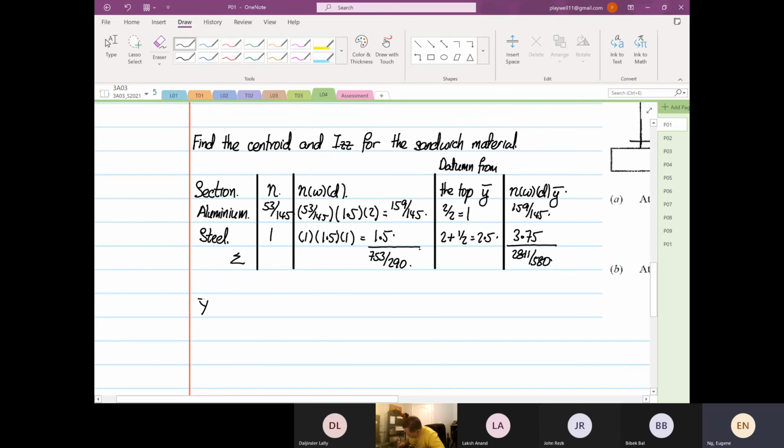So the y bar is equal to 2811 over 580 divided by 753 over 290. It is equal to 1.867 inches from the top.